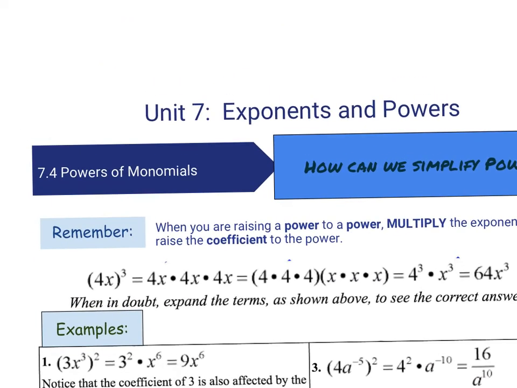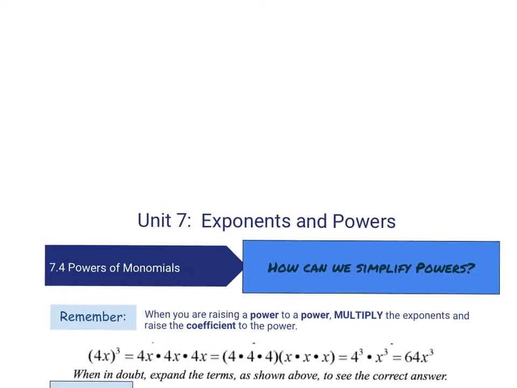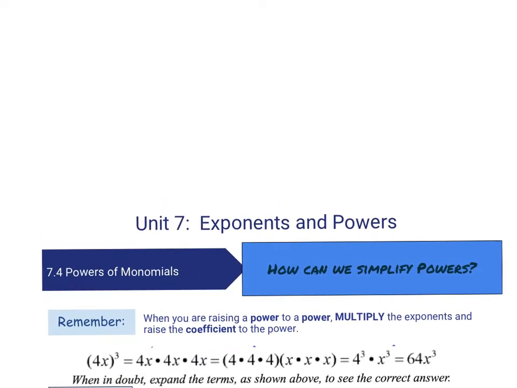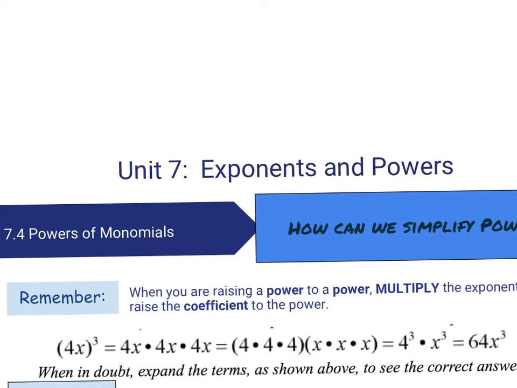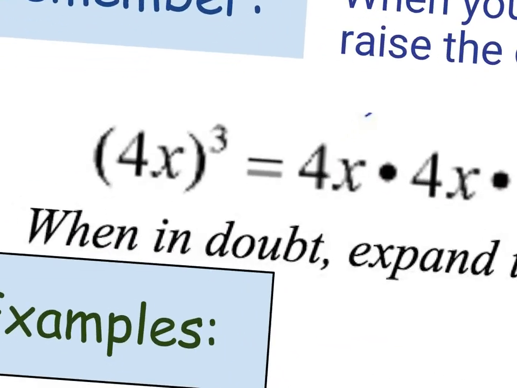Now, remember, when you're raising a power to a power, you multiply the exponents and you raise the coefficient to the power. So if we looked at this example, what we're doing right here is we are raising 4x to the power of 3. So that means we have 3 sets of 4x's.